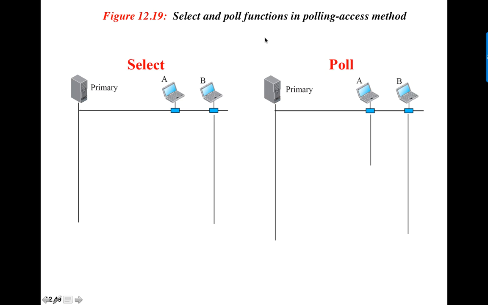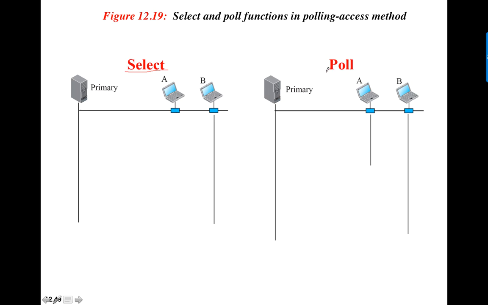Now we are looking at two different functions for polling. We have one called select, where the primary is selecting a secondary device to send something. Okay, the primary here is selecting a secondary device to send something.